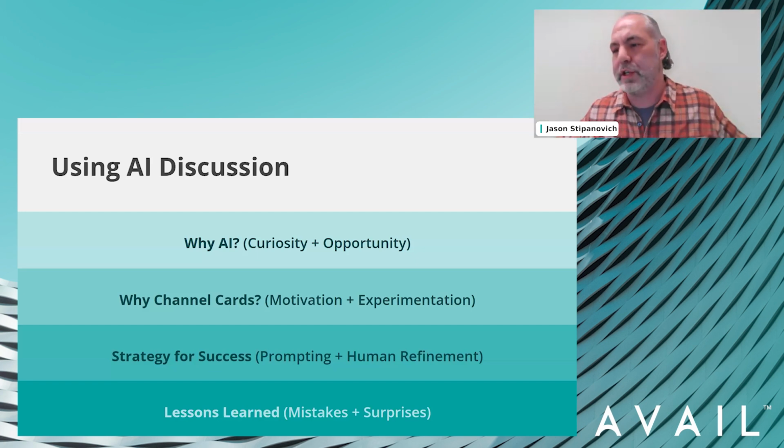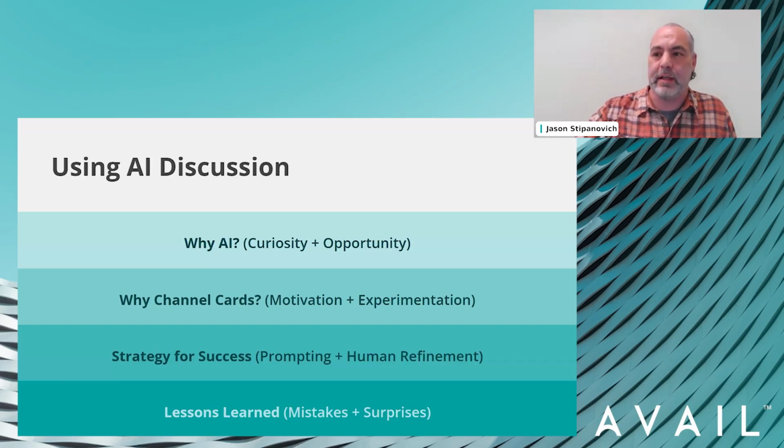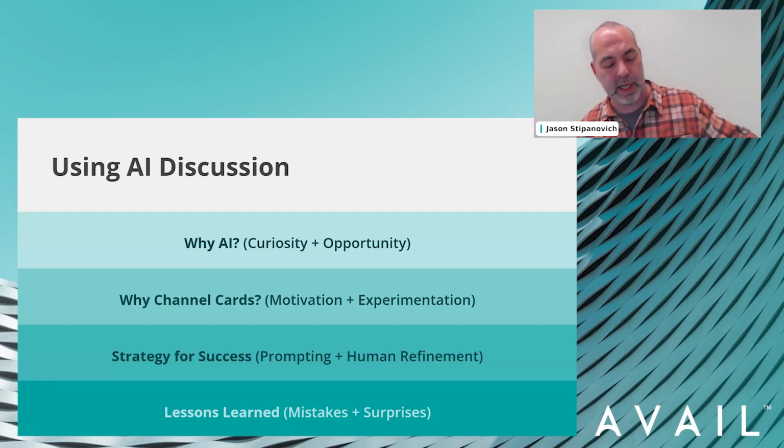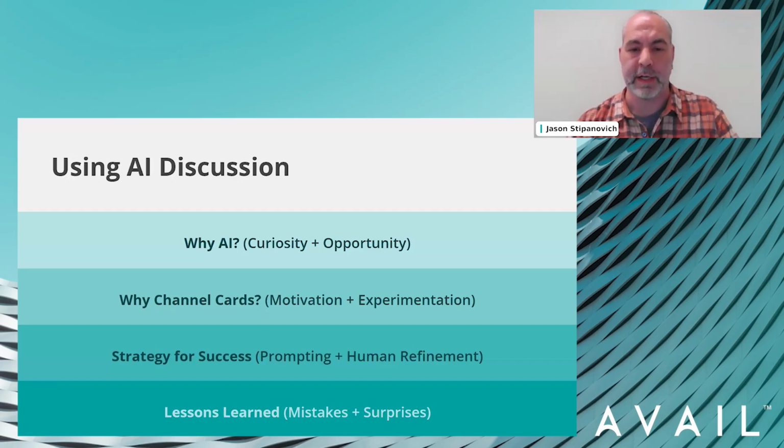So just using it for that kind of stuff has really increased productivity. But the other piece, and how it certainly relates to the channel cards, is finding a starting point.